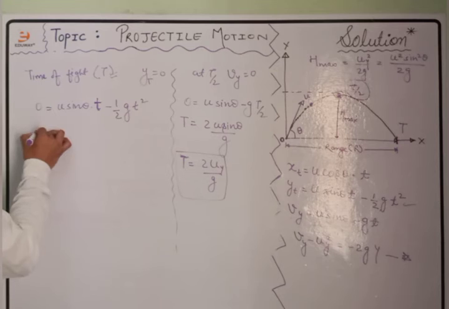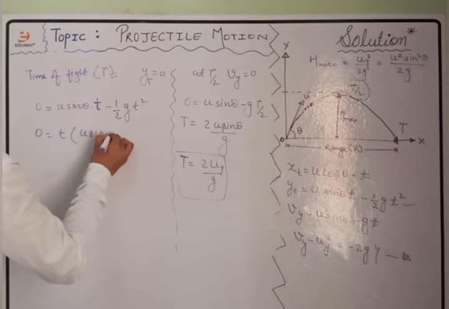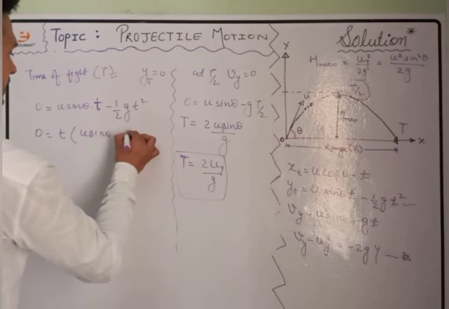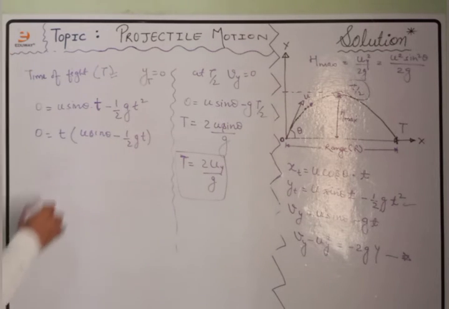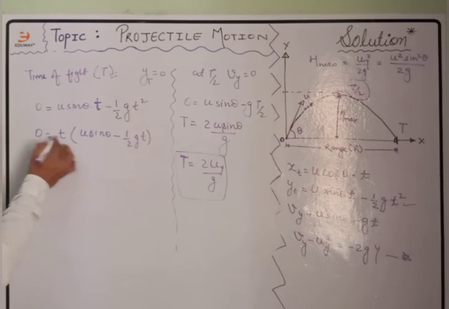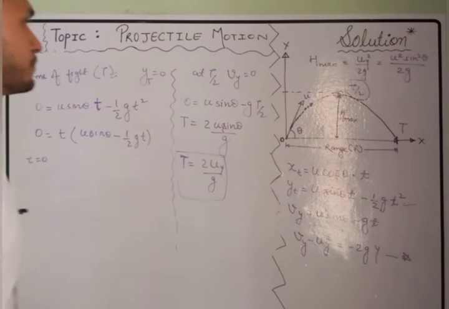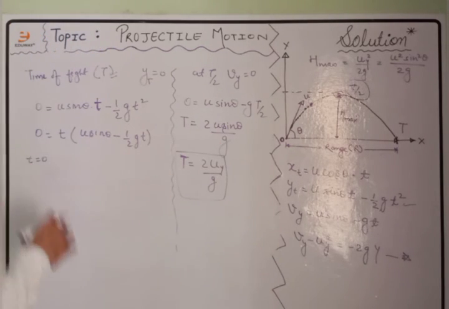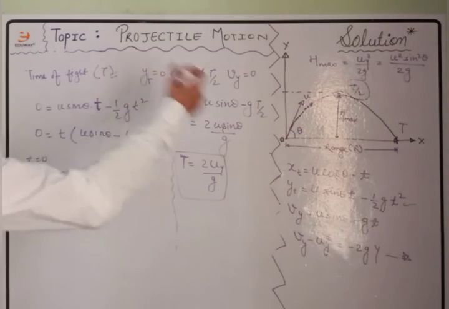Taking T common, you will see that T into u sine theta minus half g T equals 0. This equation indicates two solutions. One, t equals 0. It means that y will be 0 at time t equals 0, which we have already shown in the initial time where we were trying to deduce the formula.